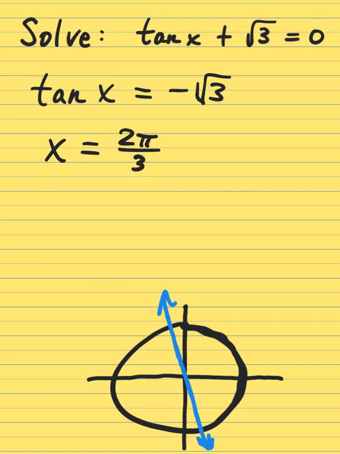And the other one, which is down in quadrant 4, is 5 pi over 3. If you notice, the distance from one to the other is 180 degrees, or just simply pi radians.